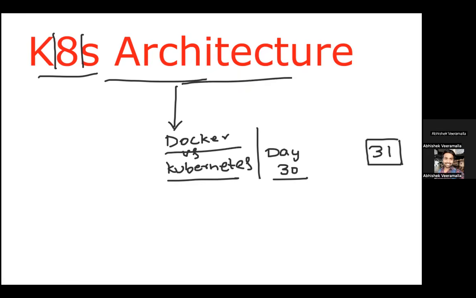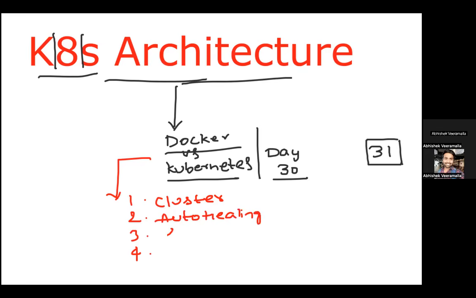On a very high level, Kubernetes offers four fundamental advantages over Docker. Kubernetes is by default a cluster in nature. Then Kubernetes offers auto healing. Kubernetes offers auto scaling.